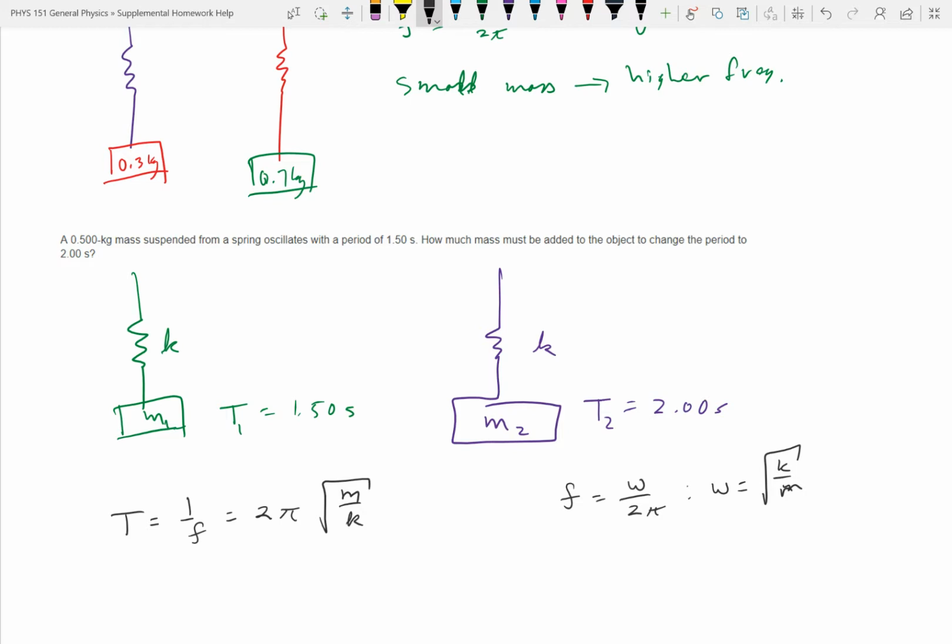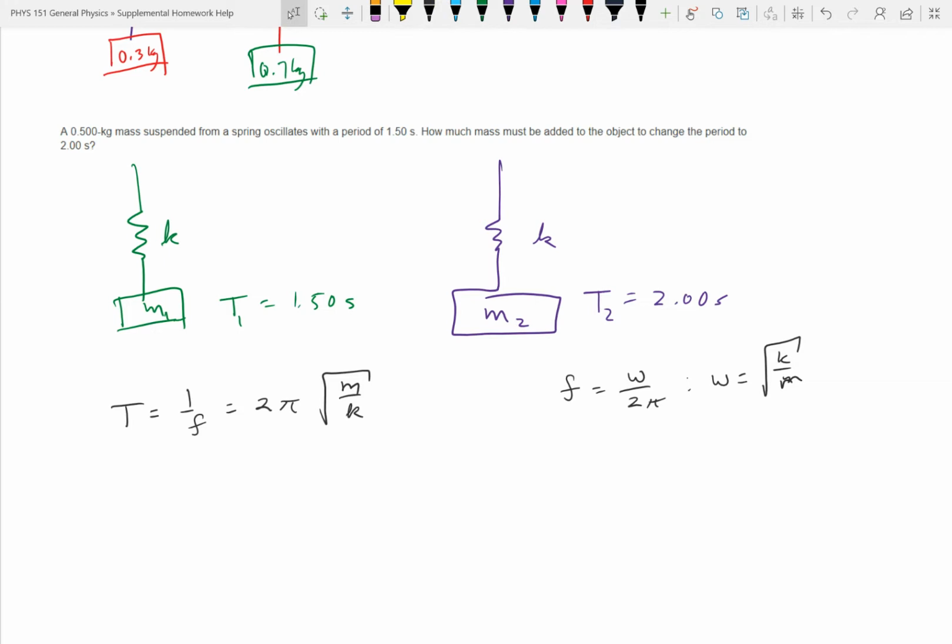The best way of solving this, and when I say best, I mean the shortest and quickest, not that it's technically a better way, is to say period 2 divided by period 1 is equal to 2 pi square root of m2 over k, divided by T1.